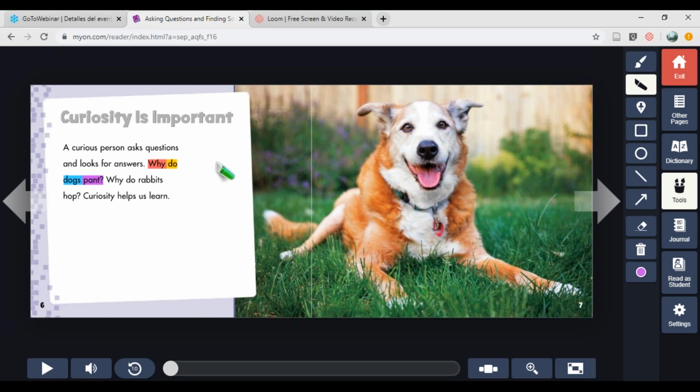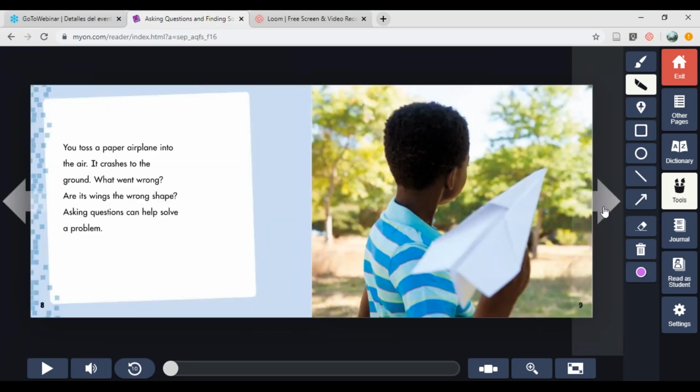So what I will ask them to do is, you have here two options, depending on how many scaffolds your students need. The first option is to pre-teach vocabulary. In this case, you would have to read the whole book, and you would have to determine what are the words that your students don't understand, to do a vocabulary pre-teaching.